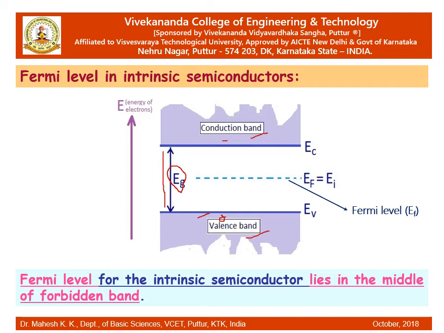Hence the number of holes in the valence band will be equal to the number of electrons in the conduction band. That is, the probability of occupation of energy levels in the conduction band by the electrons is equal to the probability of occupation of energy levels by the holes in the valence band.